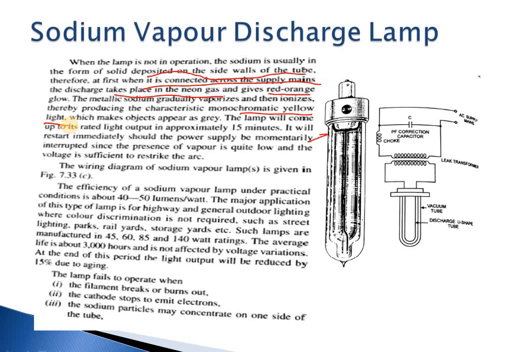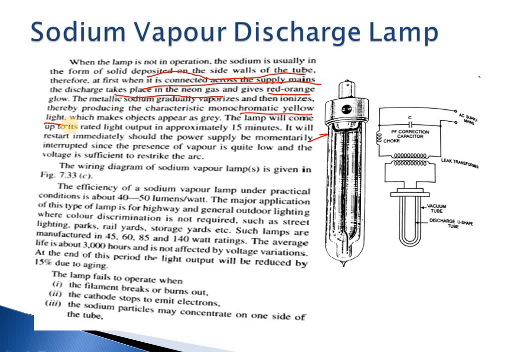So when the sodium gets very much heated, first it will glow red-orange, and then after reaching its maximum heating point, it vaporizes and creates a monochromatic yellow light, which makes objects appear as grey. The lamp will come up to its rated light output in approximately 15 minutes.